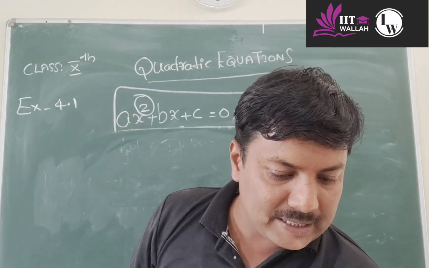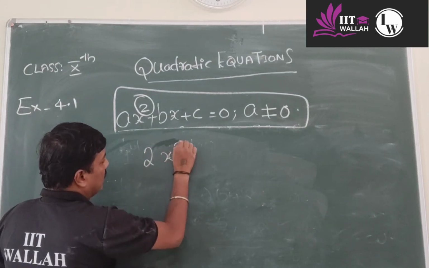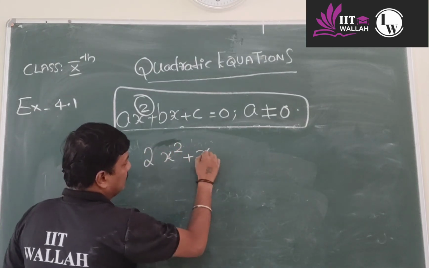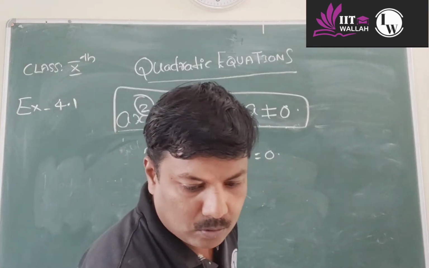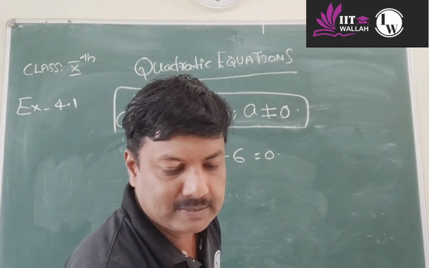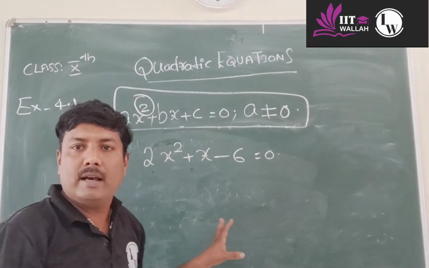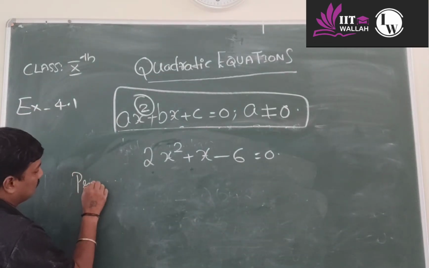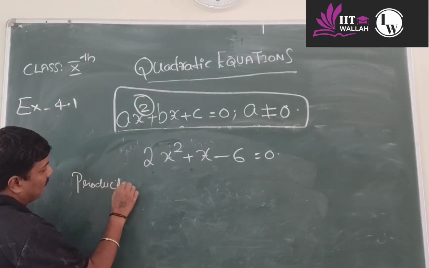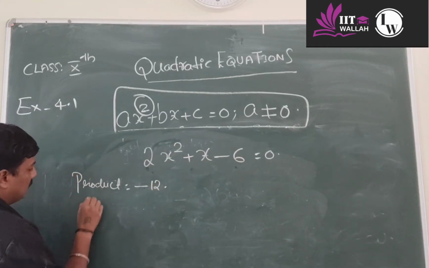2x square plus x minus 6 is equal to 0. Here you see the product is 2 into minus 6, minus 12.